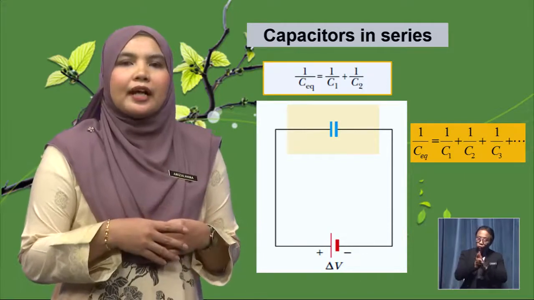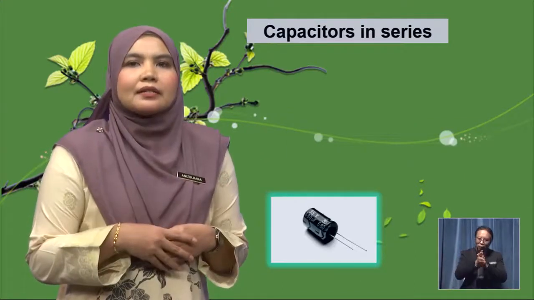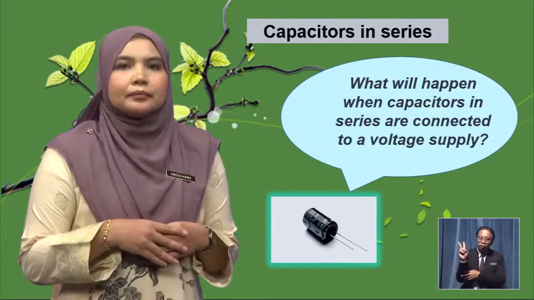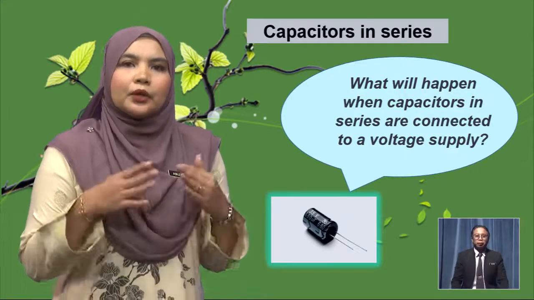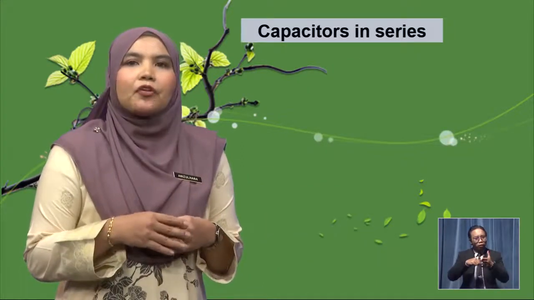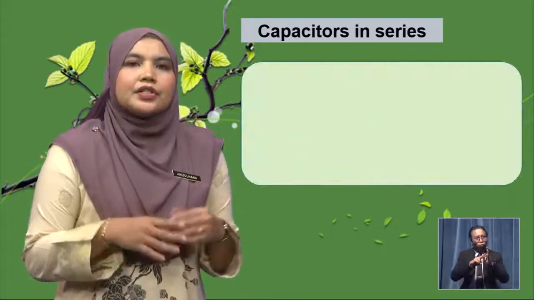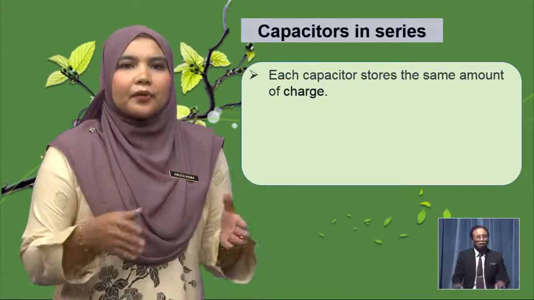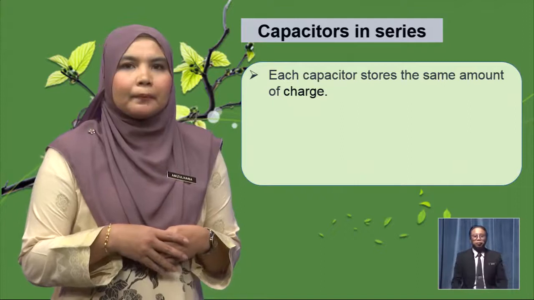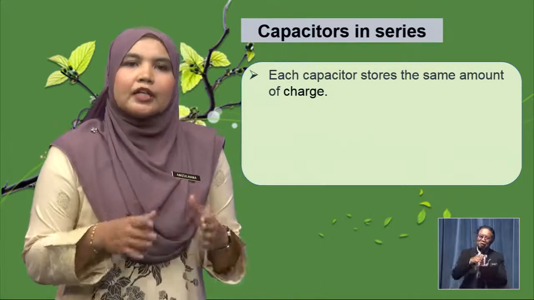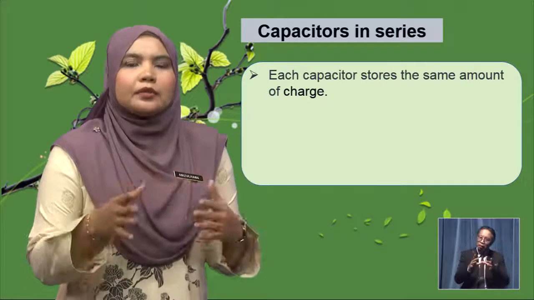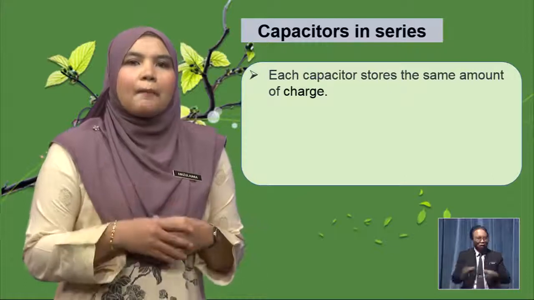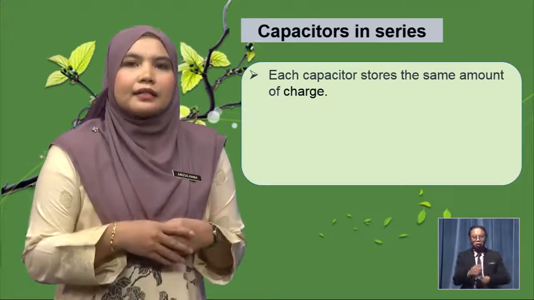So, what will happen when capacitors in series are connected to a voltage supply? No matter what is the value of its capacitance, each capacitor in the combination will store the same amount of charges. This is because any of the plate can only lose or gain the charges gained or lost by the other plate that it is connected to.